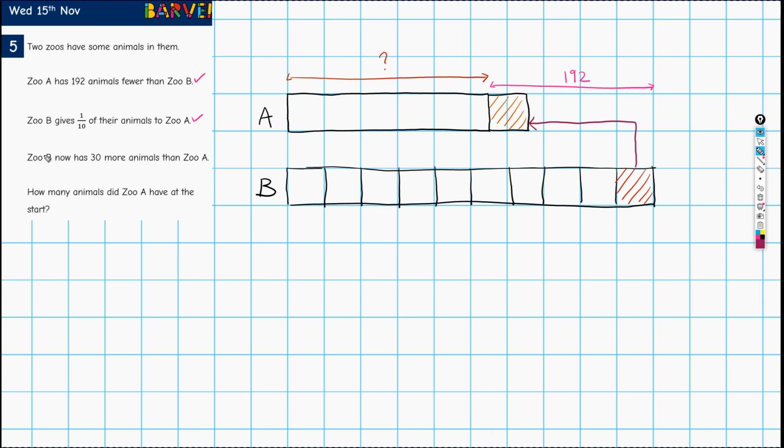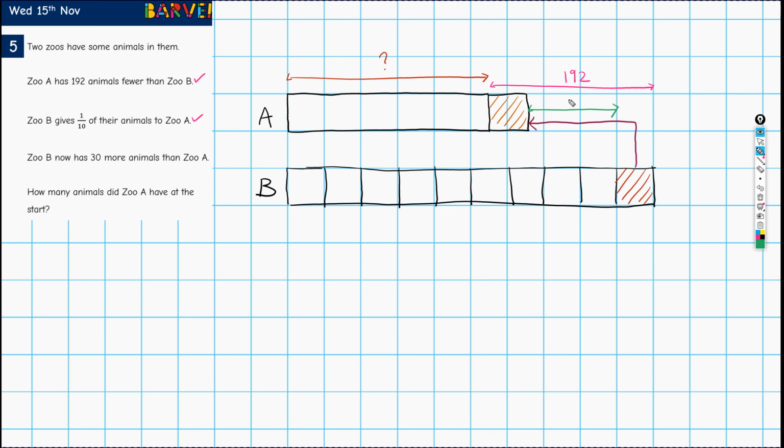Then it says that Zoo B now has 30 more animals than Zoo A. Aha. Okay, so the difference now: A now has this number of animals, and Zoo B has up to this number of animals. So this gap now is from there to there.